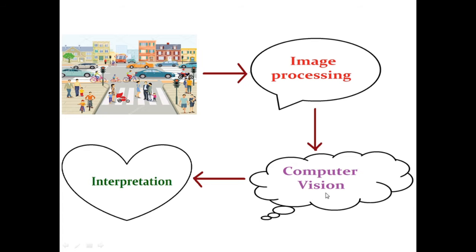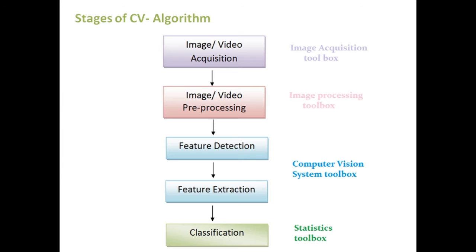Now the computer vision algorithms take care of what objects or features are present inside this image, which are useful for interpreting the 2D scene. So this is how we get the output as interpreted data, like how many persons, passengers, four-wheeler vehicles, and two-wheelers there are. This kind of data we can get as an output.